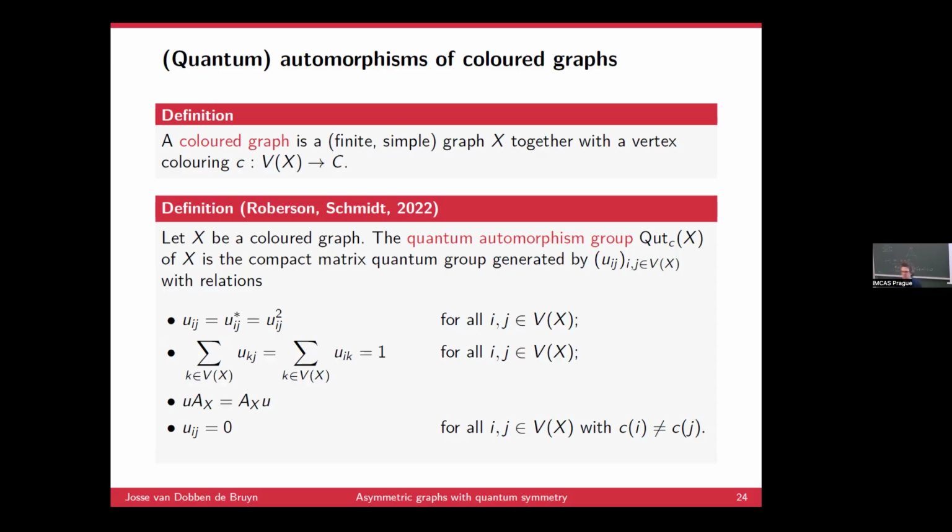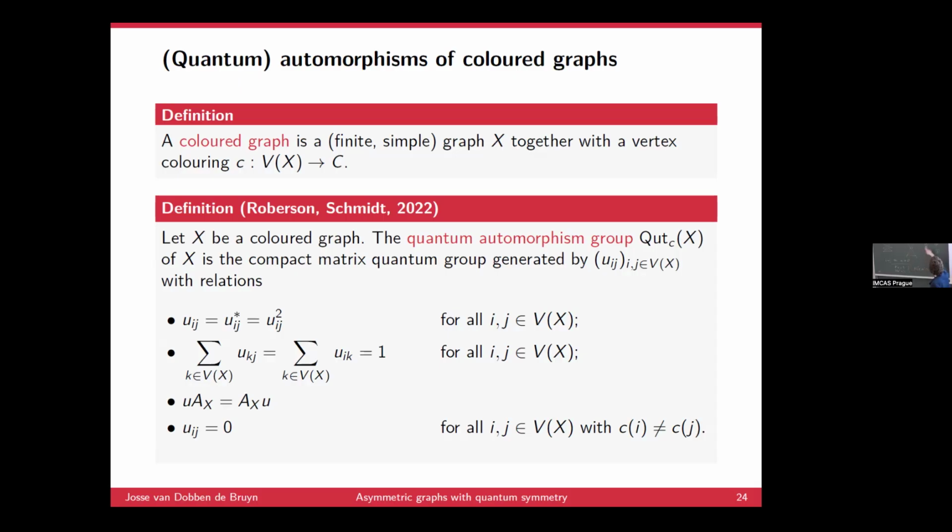We also have a paper where we compute quantum automorphism groups of lexicographic products of graphs. For the lexicographic product, I always forget what you put inside. For every vertex in X, I think, this is going to be the lexicographic product of X and Y. For every vertex in X, you make a copy of Y, disjoint copies, and then according to the edges in X, you either put a complete bipartite graph here or nothing.